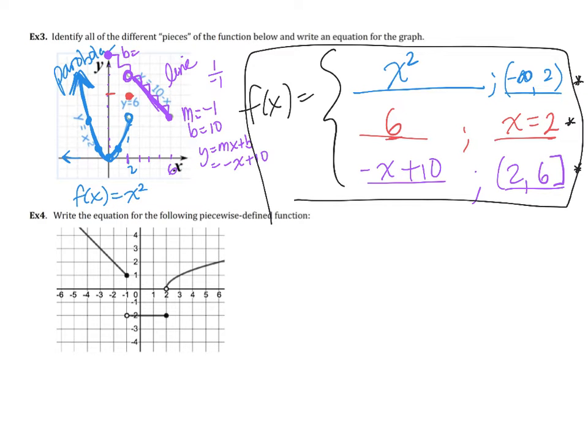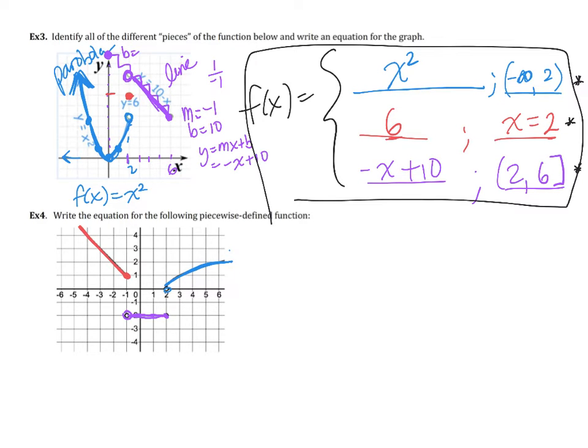All right, so you could try number 4 on your own. Maybe before you try it, we'll just look here together and see what pieces we have. First, I hope you recognize you have 3 pieces. This is a portion of a line. This down here is a portion of a horizontal line. And this over here, hopefully you're saying that is a square root function, right?